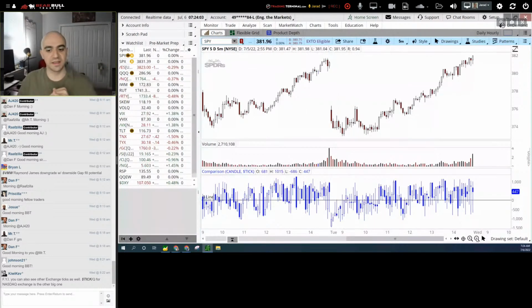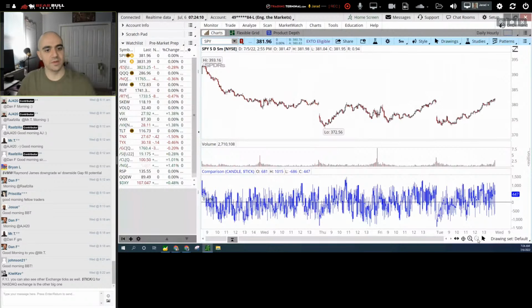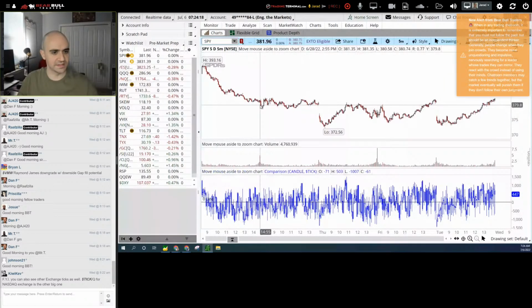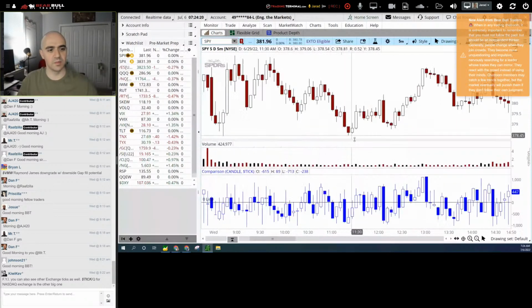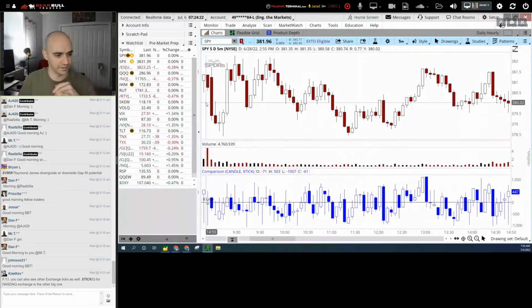Yesterday wasn't necessarily a trend day, but it did have a trend that formed, and it carried us throughout most of the afternoon session. You compare that with a session that maybe was a bit more consolidative or flat. And there's one that stands out here where the market was essentially trading in a range.